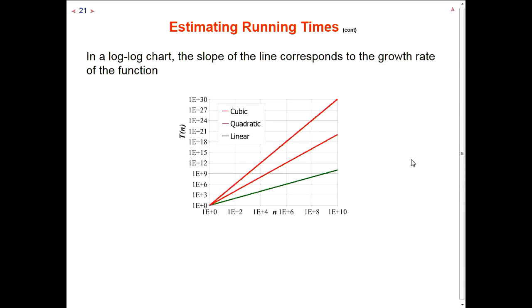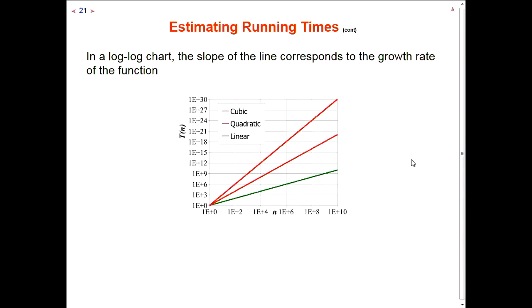If we want to compare these different possible results that we can get from a complexity analysis, then a so-called log-log chart provides us a very good idea of the growth of a function. What's a log-log chart?